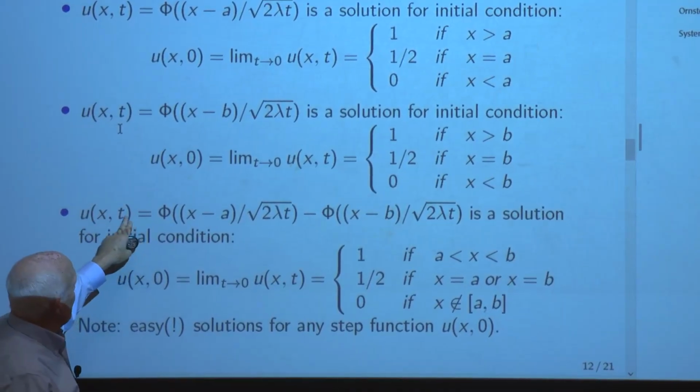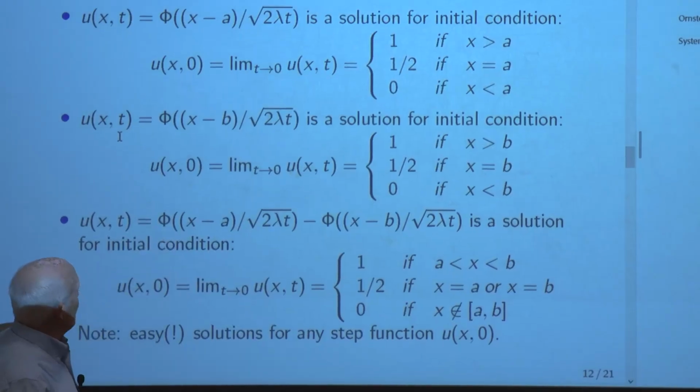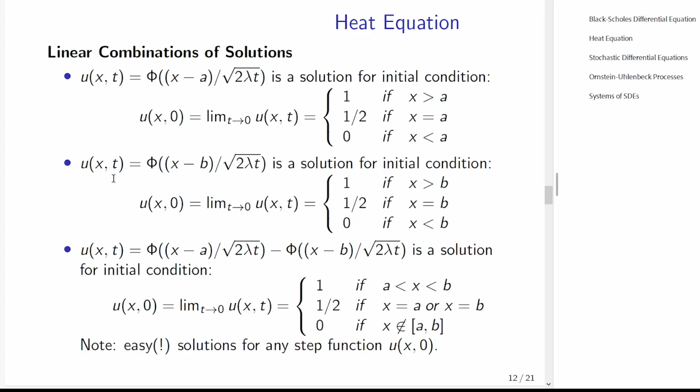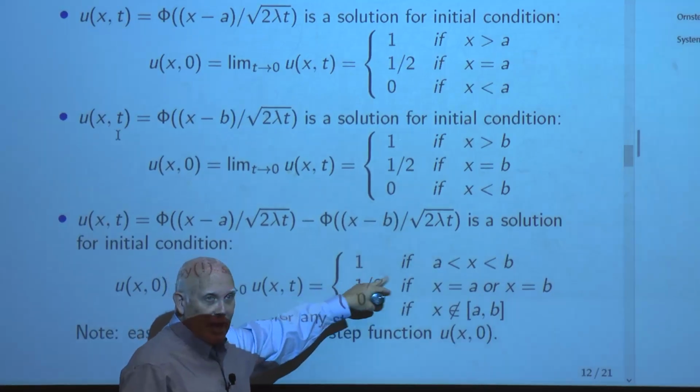And if we consider the difference of the two functions, that will also satisfy the heat equation. And so if we look at the difference in the initial conditions for these two solutions, we basically have the indicator of being between A and B.